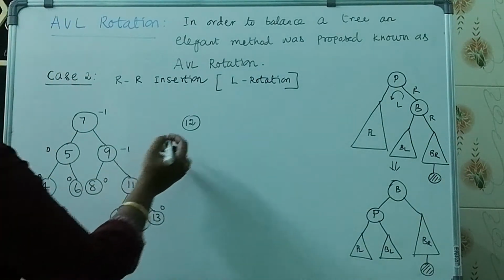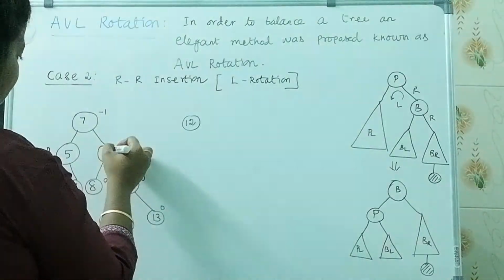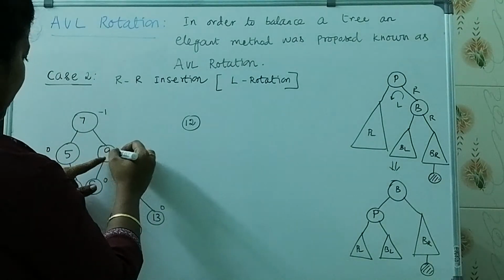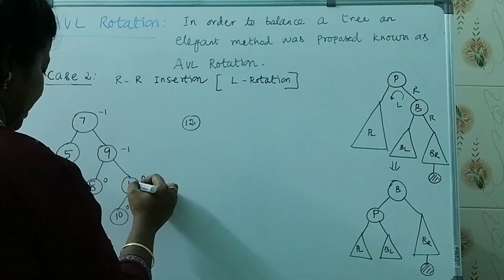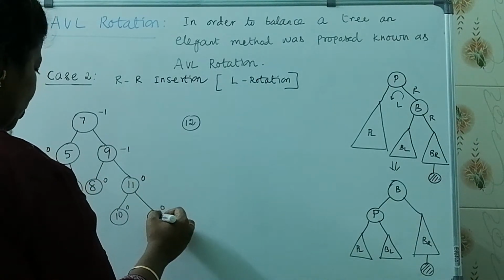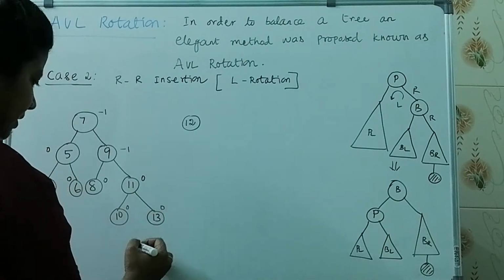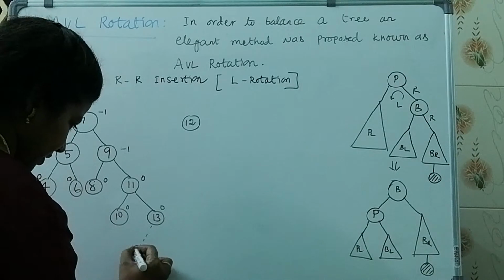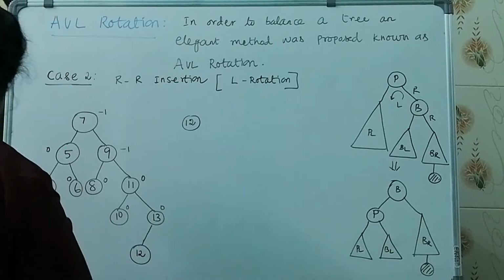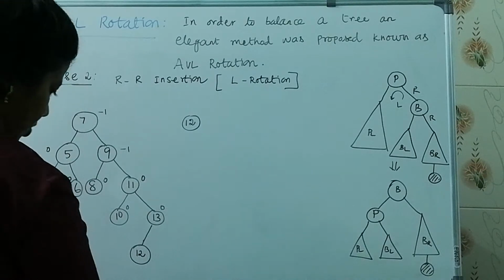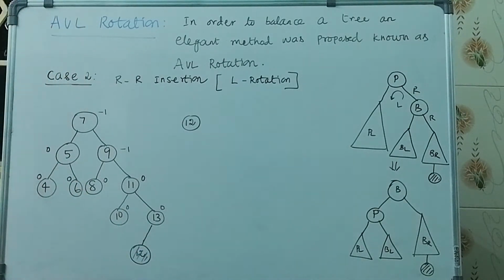Since 12 is greater than 7, we reach the right side of that, and 12 is greater than 9, we reach 11. 12 is greater than 11, we reach 13. And then since 12 is lesser than 13, we can insert a new node in this position. Okay, this is the new node, whose value is 12.